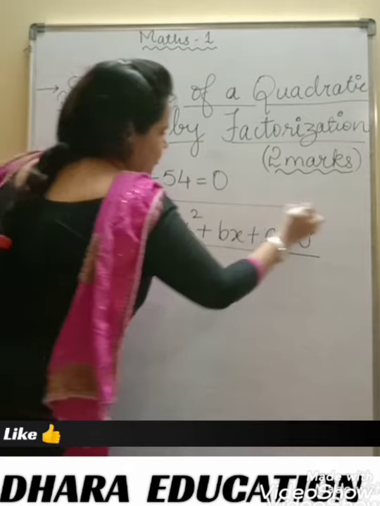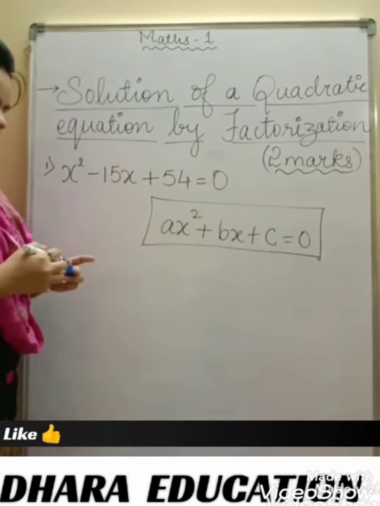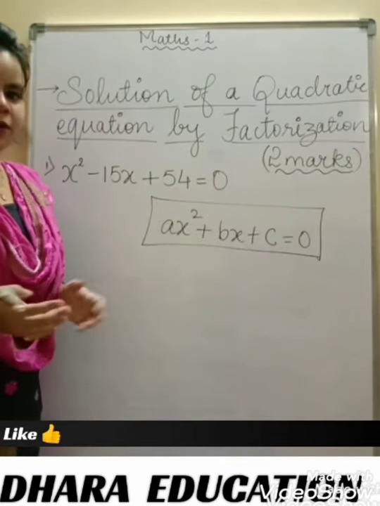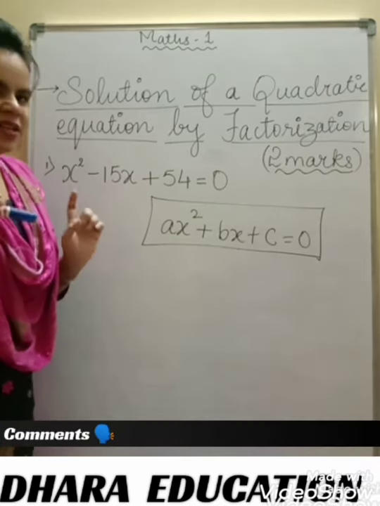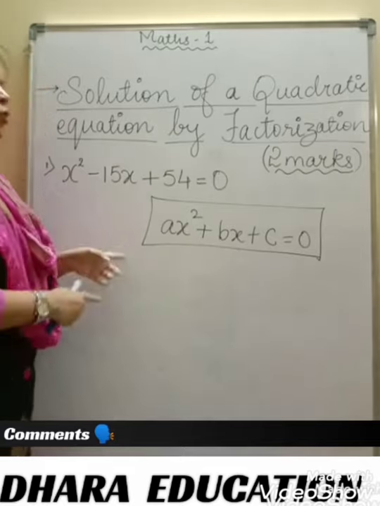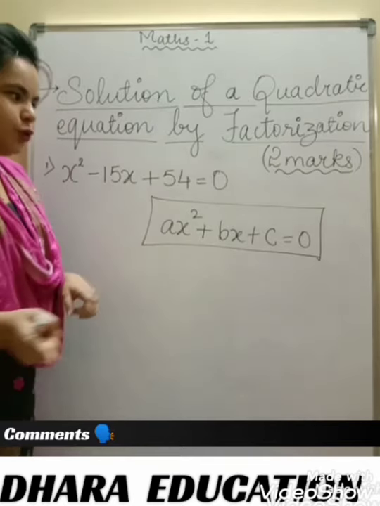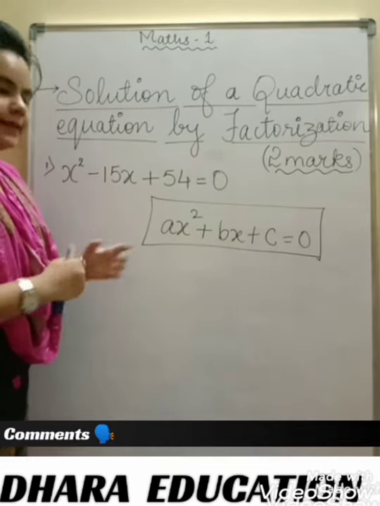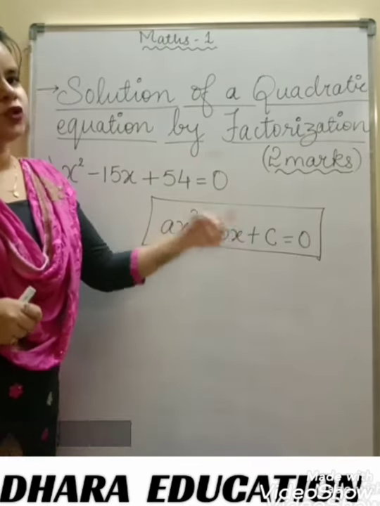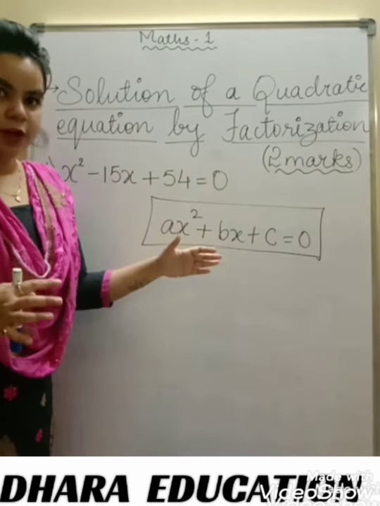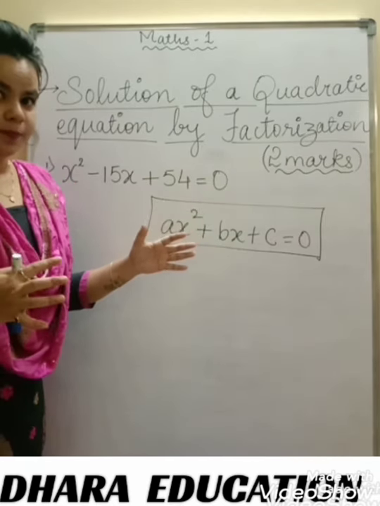From the very first session, part 1 of the quadratic equations in all my videos, I have been continuously reminding you about the standard form, ax square plus bx plus c is equal to 0, of quadratic equations.